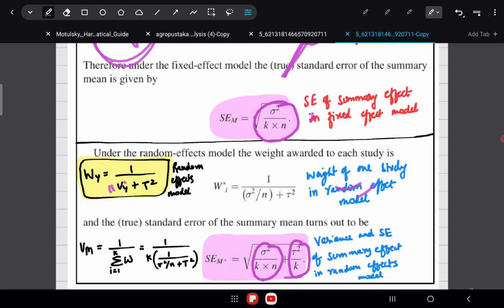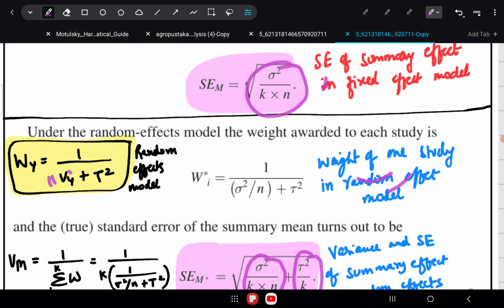Now if this n was infinity, meaning the sample size of one study was infinity, then this would become 0, right? So what I have told you already is that in fixed effect modeling, if you want the summary effect with 0 standard error, then the sample size for each study has to be infinity, right?